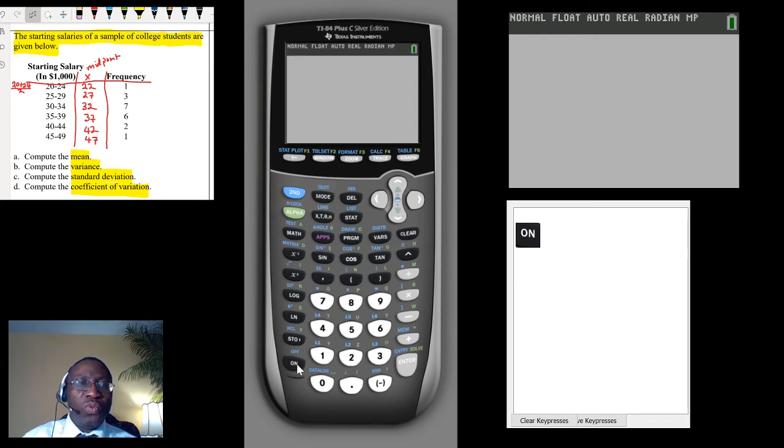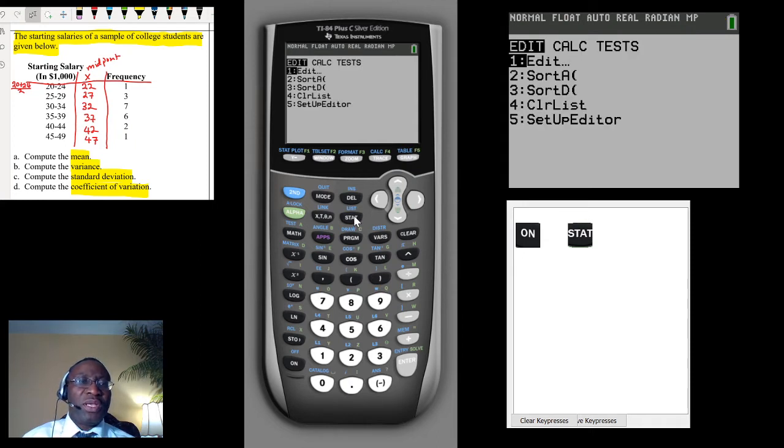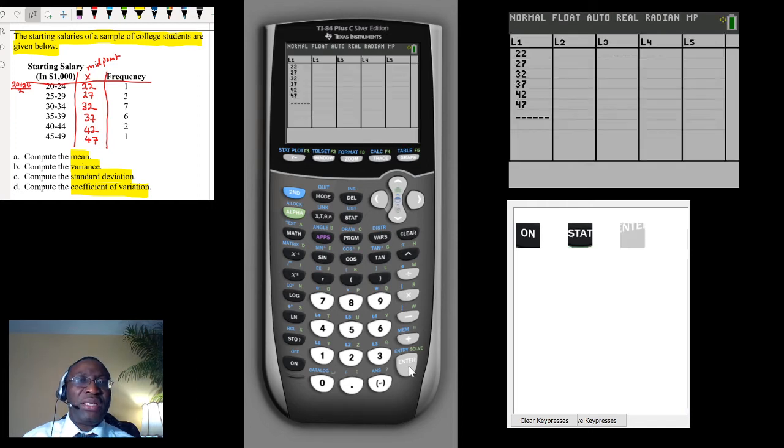Then what you're gonna do next, you're gonna go to STAT and then Edit, so you can press enter. That brings you a table.